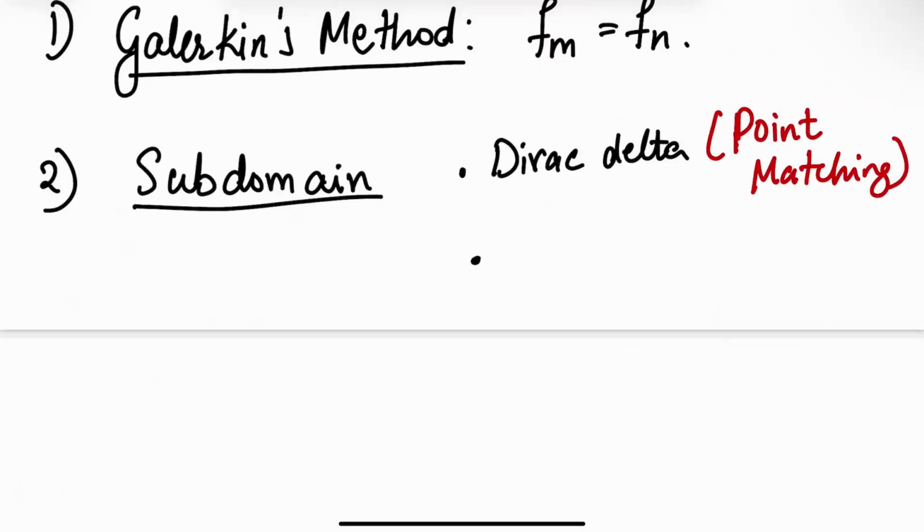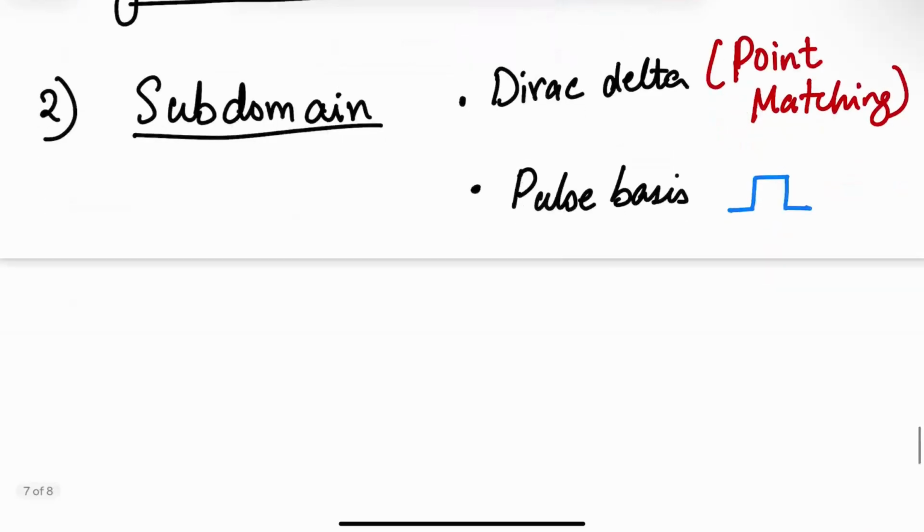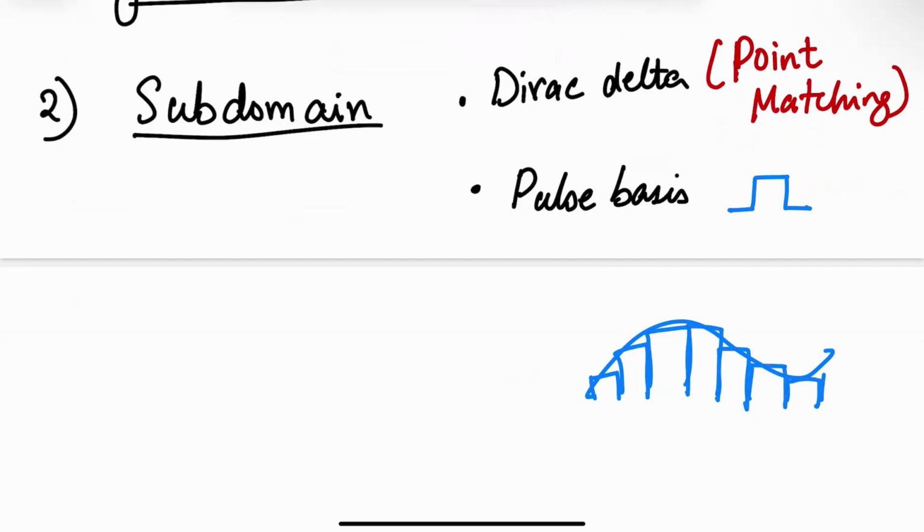You could choose maybe a pulse basis. So a pulse basis is something like that, right? You choose an individual pulse. If I have a current distribution like that, then you're essentially breaking this up into pulses, which is similar to point matching. The only difference is that now you're averaging over a certain region.